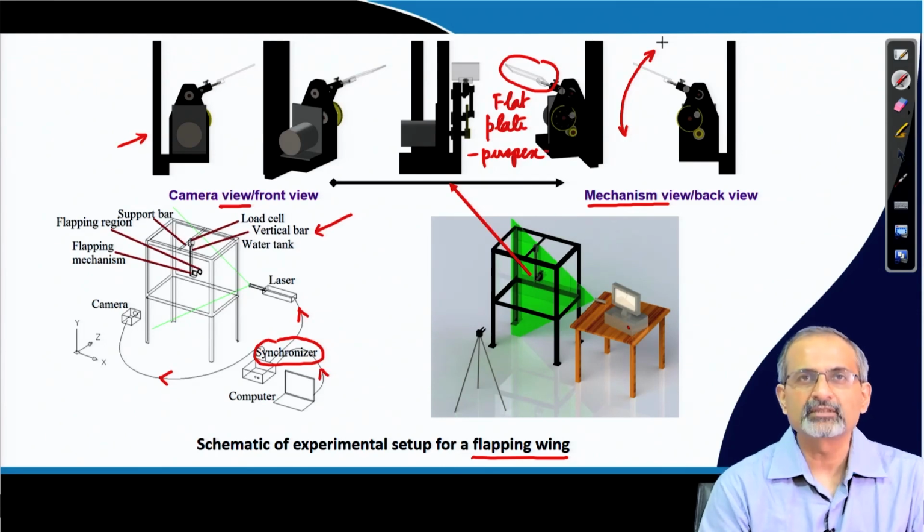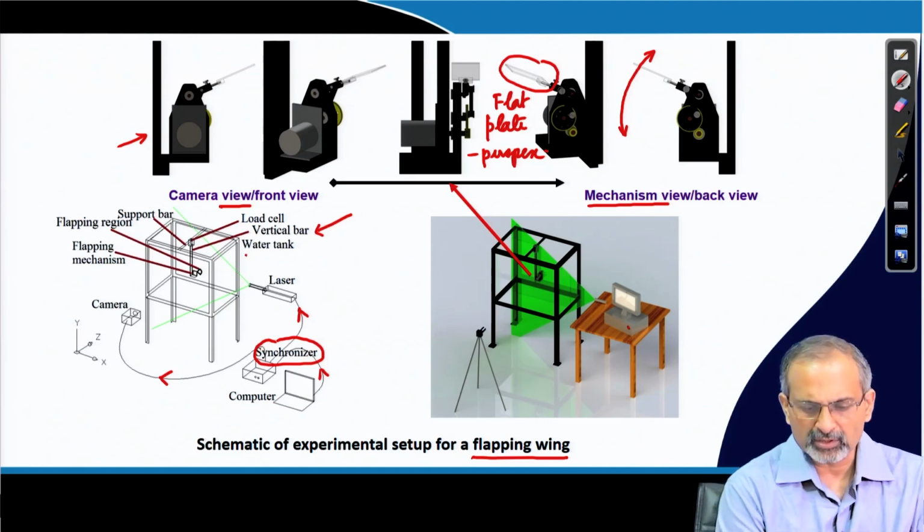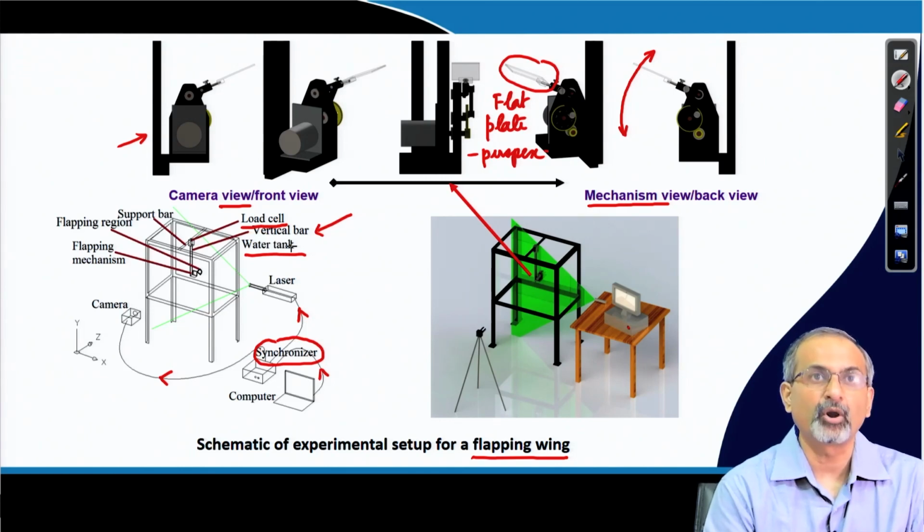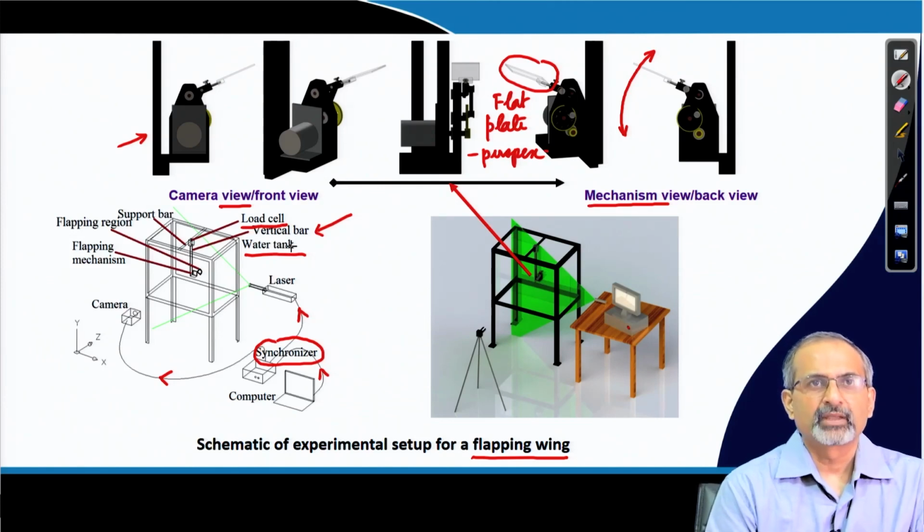It is somewhat similar to birds' wings when they flap in air. And then you have a water tank. You have load cells which are mounted in that attachment which is carrying the flapping mechanism, so that when the flapping mechanism operates, the load cells can measure the forces which are acting.